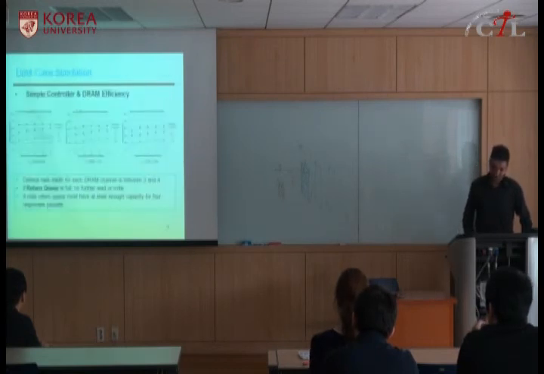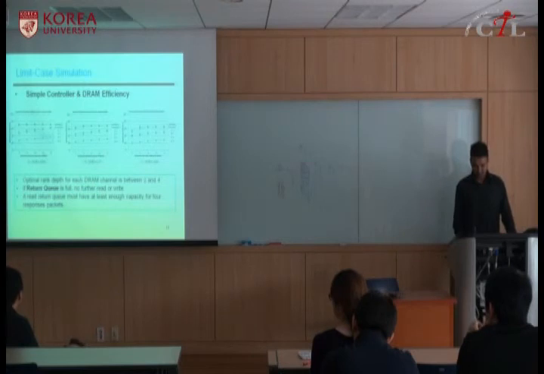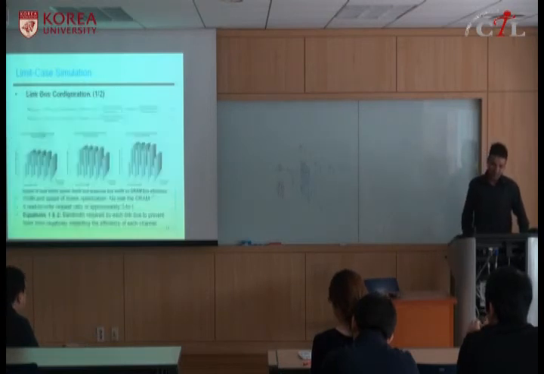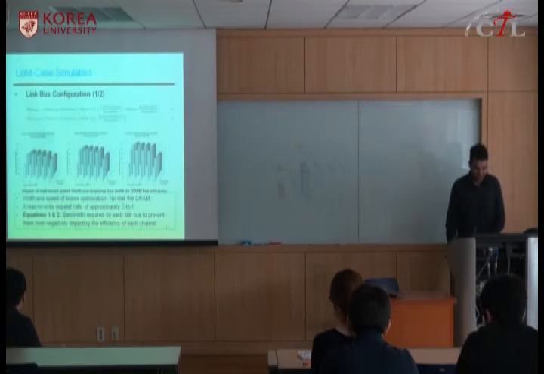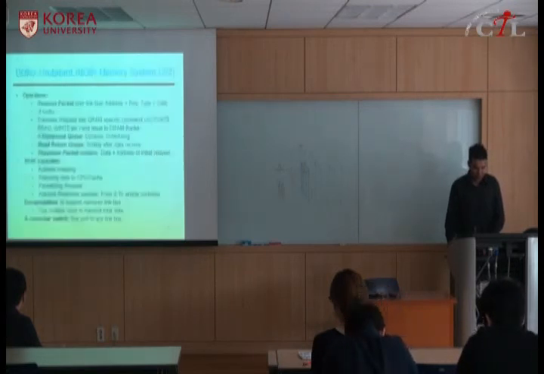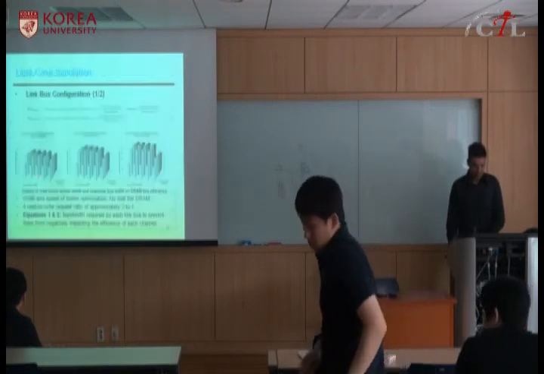After simulation, he found that rank 2, that means 2 DIMMs, is the best, and 4 and 8 are about the same, right? That is the optimization, which is expectable. And this is the link bus, and some instructions. That means the link bus should be point to point, right? Yes, point to point. And what are these different configurations?